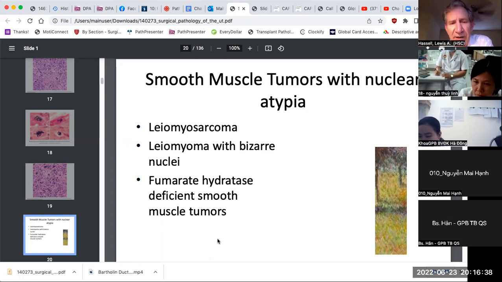The other tumor that you have to be aware of, and this is an important diagnosis to make, is the fumarate hydratase deficient smooth muscle tumor.